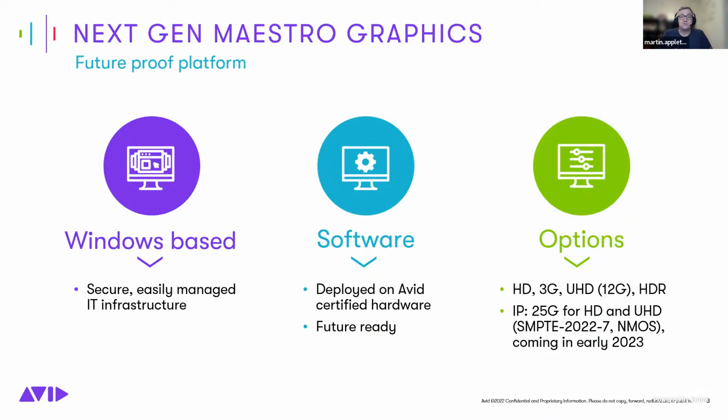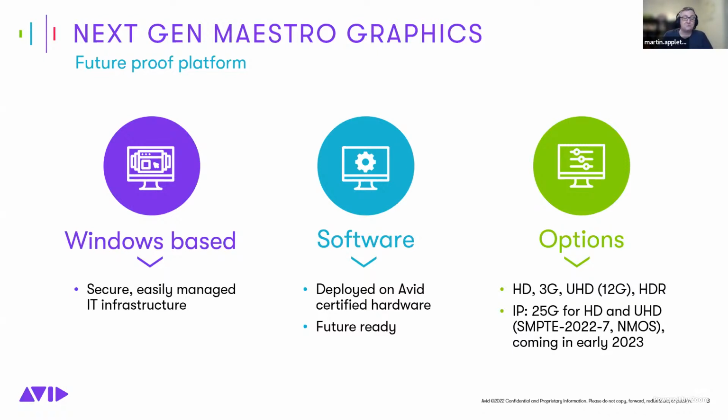Now, this next generation move for Maestro Graphics gives us a future-proof platform. We're moving over to be Windows-based, so it's a secure, easily managed piece of IT infrastructure that can be part of the rest of the broadcast environment that is managed by the IT team. The software will be deployed on Avid certified hardware.